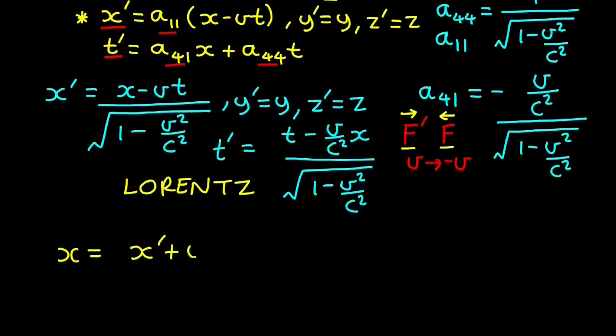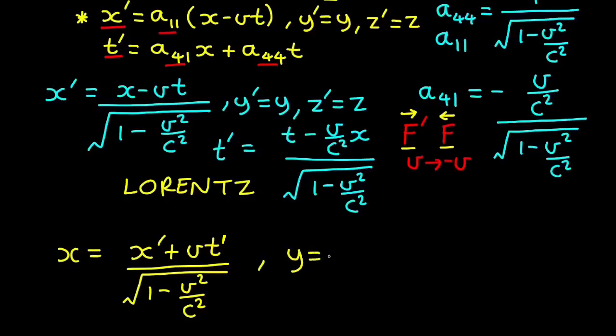So therefore when we solve these transformation equations, what we get is x is equal to x prime plus v multiplied by t prime over the square root of 1 minus v squared on c squared. So essentially, we swapped x with x prime and v with minus v. And similarly we have y is equal to y prime and z is equal to z prime.